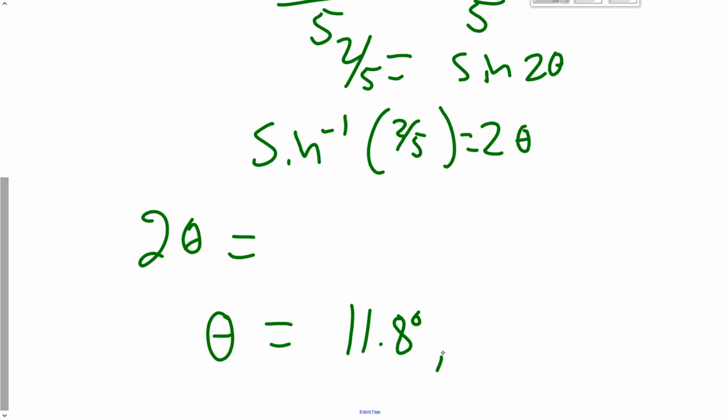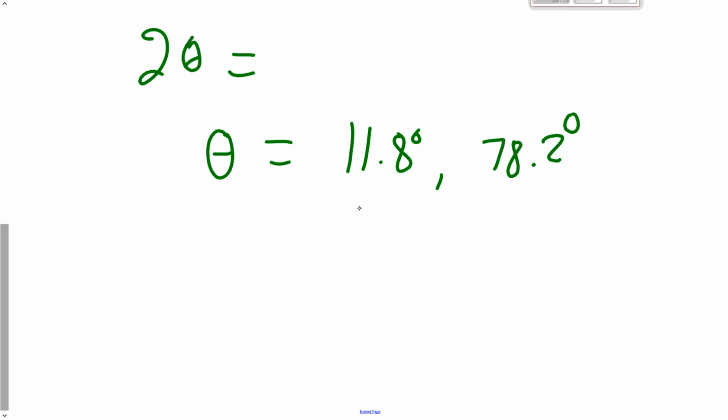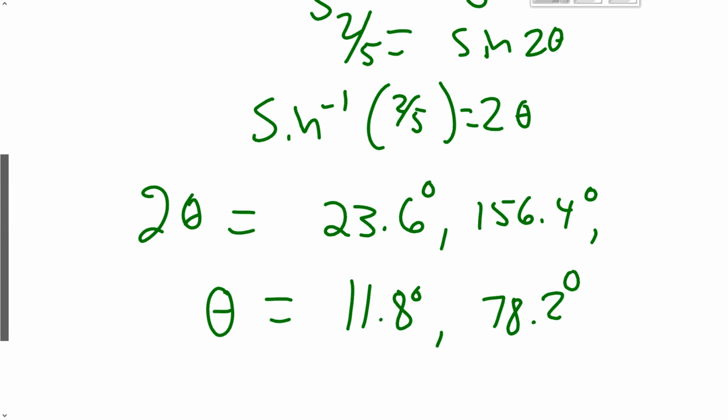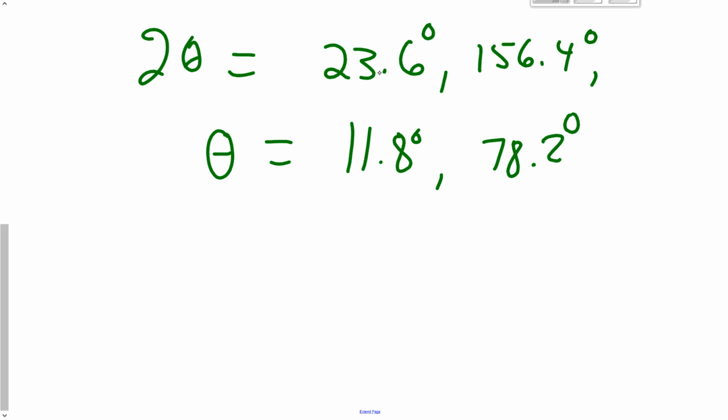11.8 degrees and 78.2 degrees. And then we can go ahead and add, because we have the doubles. So here our originals are 23.6 degrees and 156.4. Those balance around, this is just our reference angle, 23.6. So if we take 180 and subtract 23.6, that's where we get the 156.4.